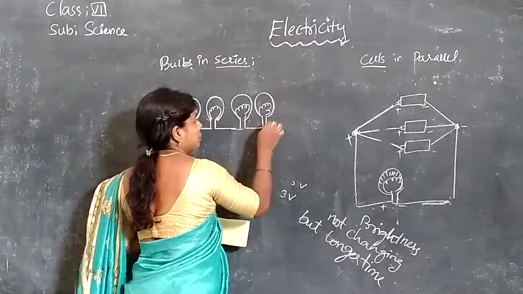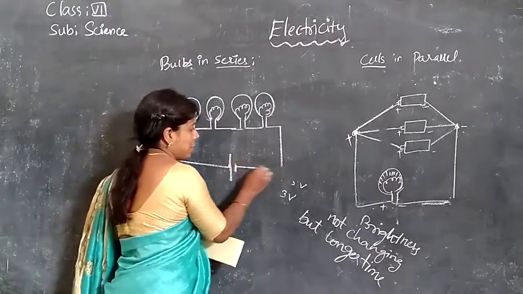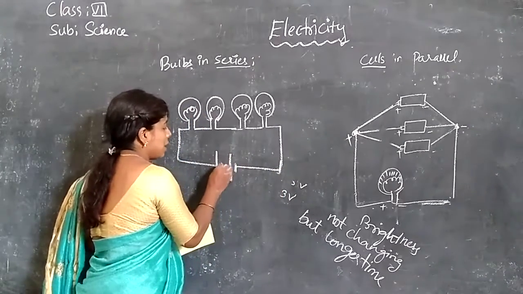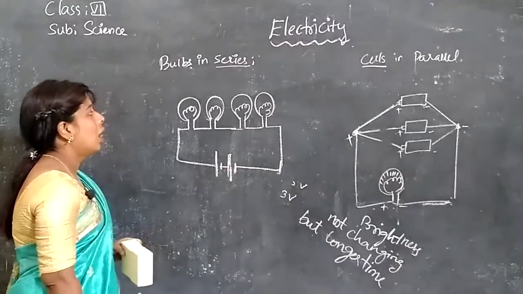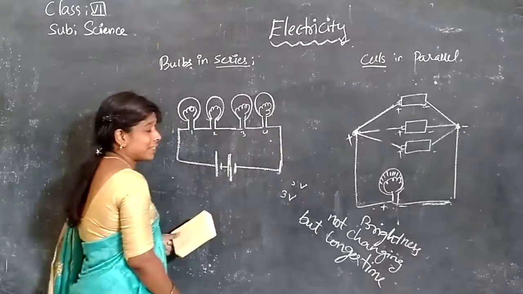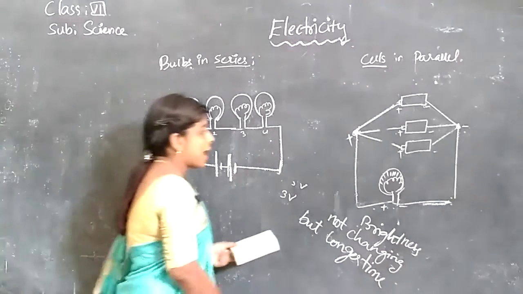I give the bulbs connection to the battery. Sorry, a single cell is not able to make this many work, so I am using this battery. 1, 2, 3, 4 cells in series. Again the same pattern.